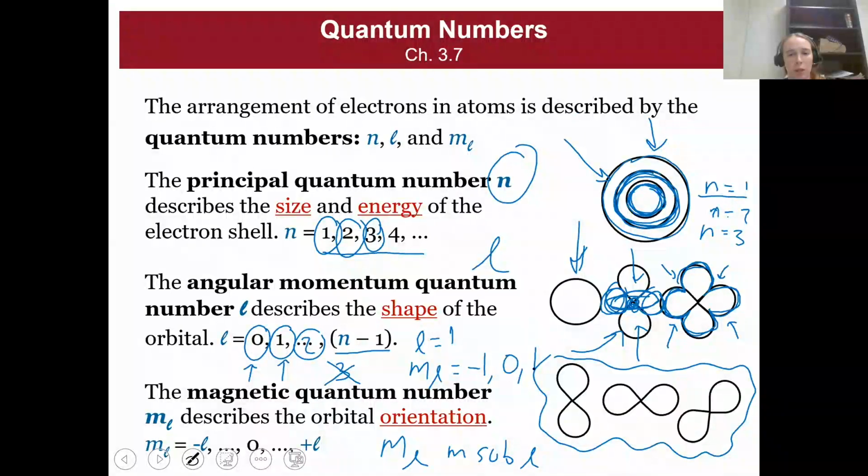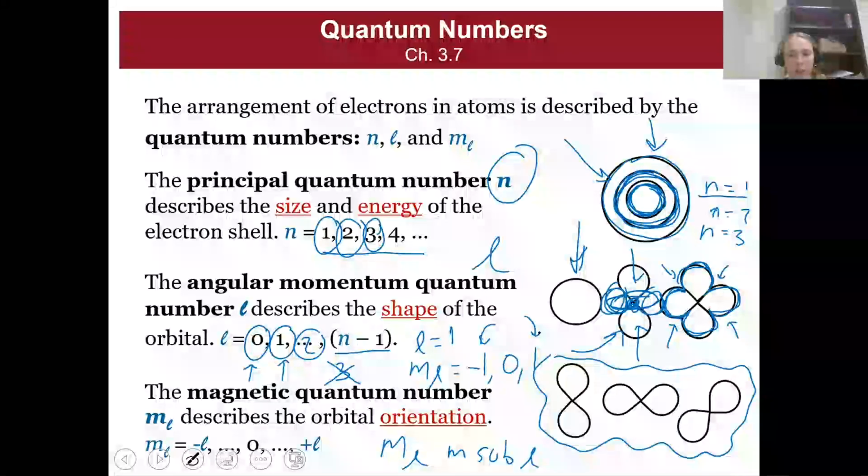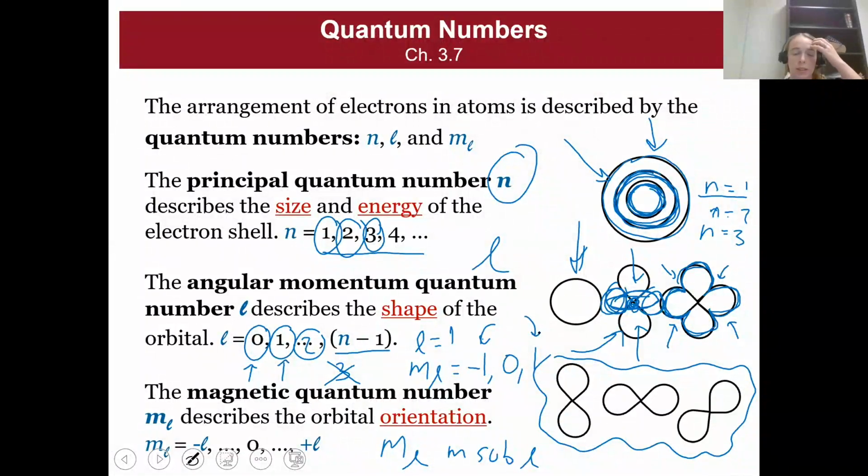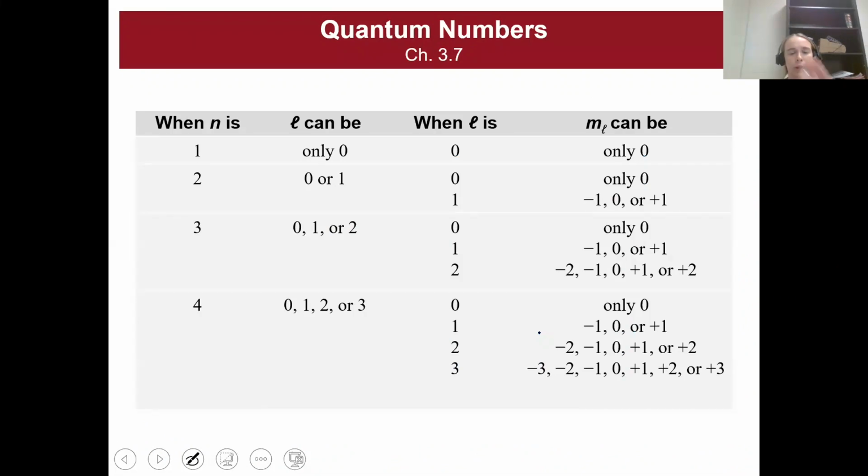So the only three options are -1, +1, and 0. 0 is an integer that you can use in the case of L and m sub L. Okay? So here's a table that goes over all of that. When n is 1, L can only be 0. It can't be 1.